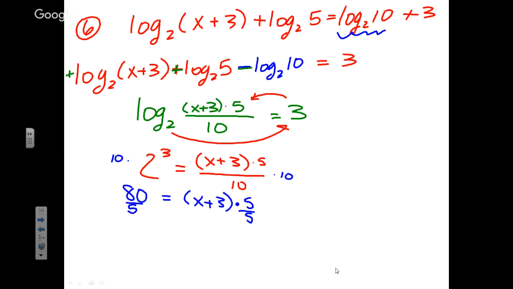If you distribute, you're going to get the exact same answer. 80 divided by 5 is, what is that? 18? 16, thank you. 16. And then subtract 3, and x equals 13. Okay. If you distribute that in, you're going to get the exact same answer. Most of you actually prefer to distribute that in, but that's just another way of doing it.